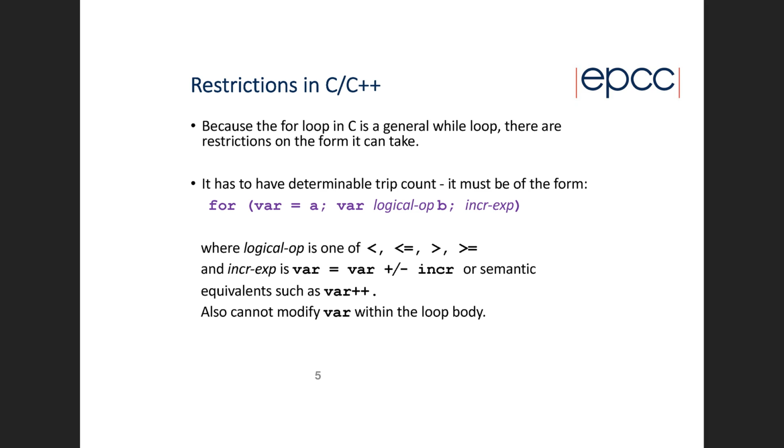So that means it has to have this sort of canonical form. It must look like for var equals some initial expression, and then the condition must be var less than or equal, or greater than or equal, to some other value, and then the increment expression must be var equals var plus or minus something, or the usual semantic equivalent such as var plus plus, var minus minus, or plus plus var, or whatever you like.